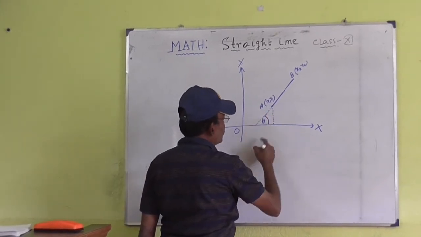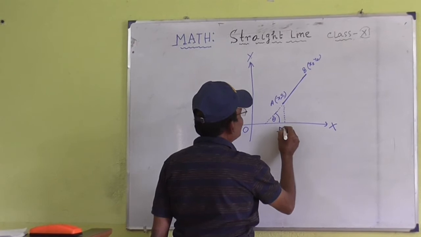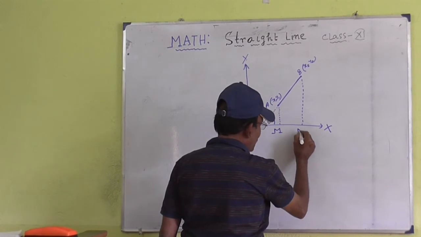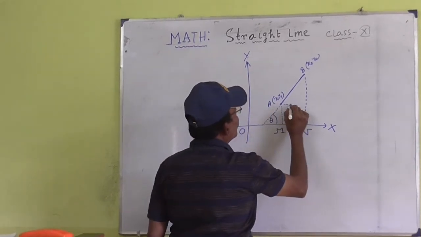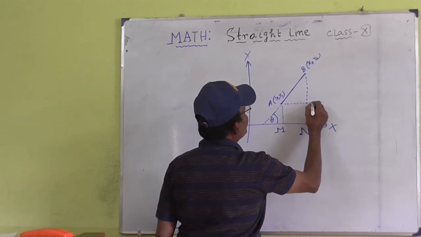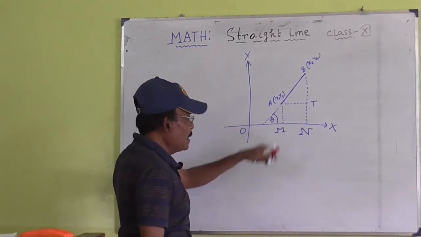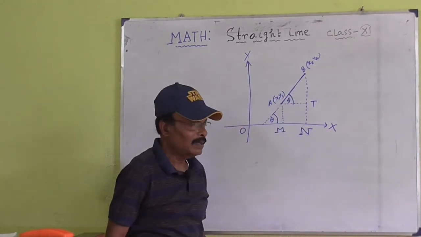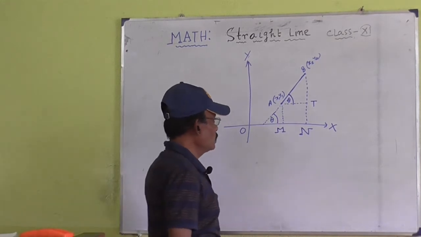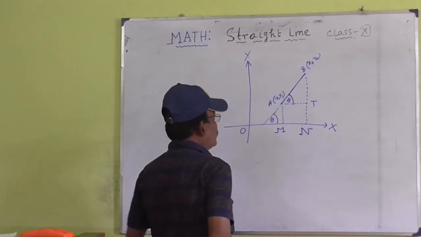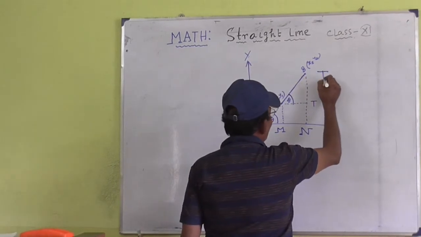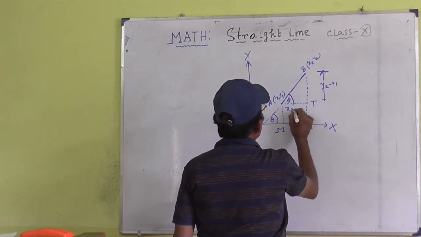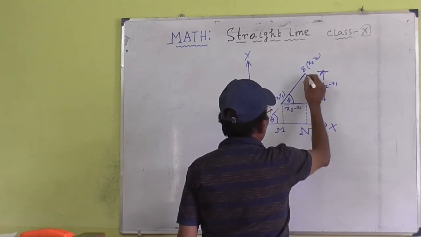Now, draw perpendiculars from A on the x axis, let us call it M, and from B, N. Okay, and join the perpendicular, let us call it T. So this angle equals this angle, because this line and this line are parallel and these are corresponding angles. So the length of the side will be y2 minus y1 and this is x2 minus x1.